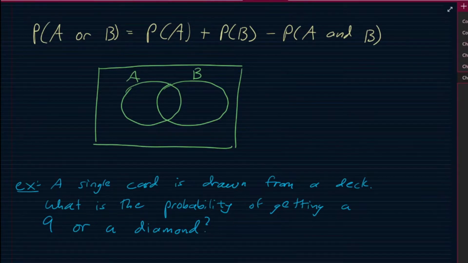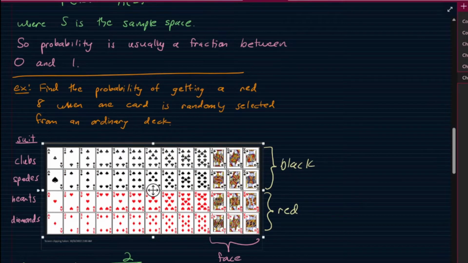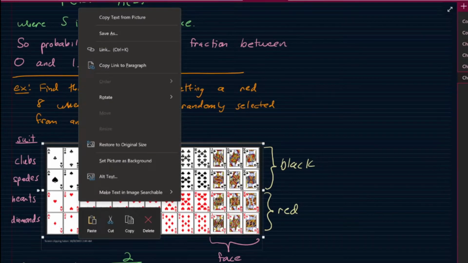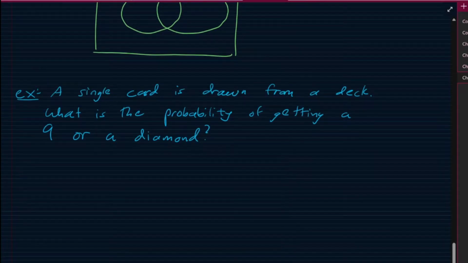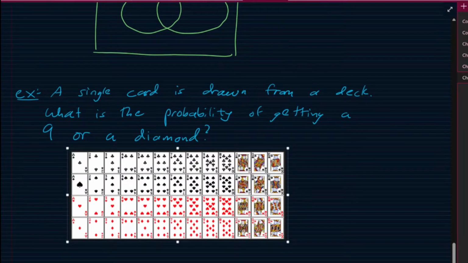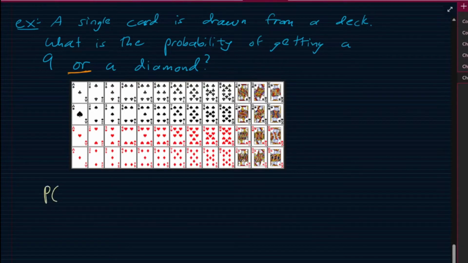Okay, so let me pull up that deck of cards again so we have it available to us to see. And this is a question where we've got to use the addition law. And the really key word is that it's the or. Right, we're looking for the probability of something or something else happening. And in that case, that's when we use the addition rule, or addition law, which I just mentioned to you guys, is the probability of A or B happening is the probability of A plus the probability of B minus the probability of A and B at the same time.